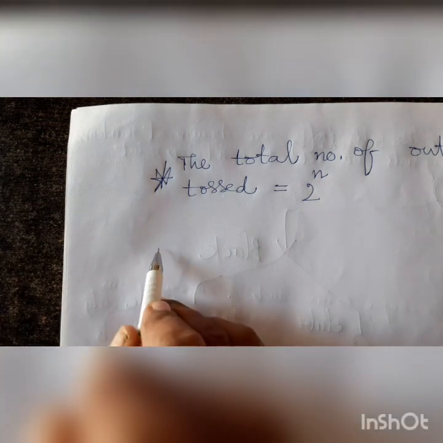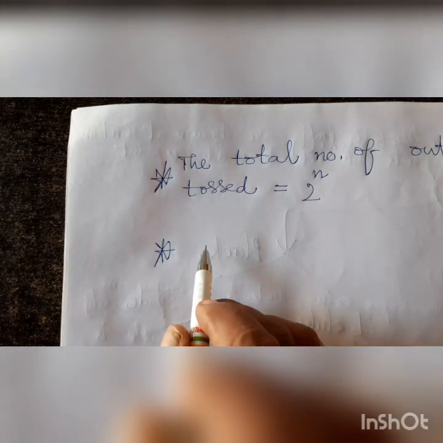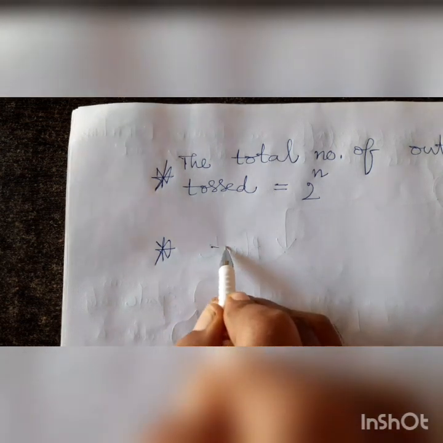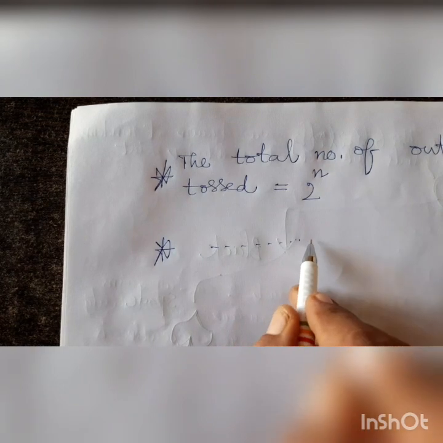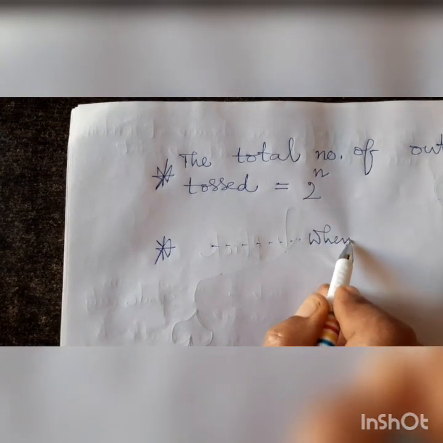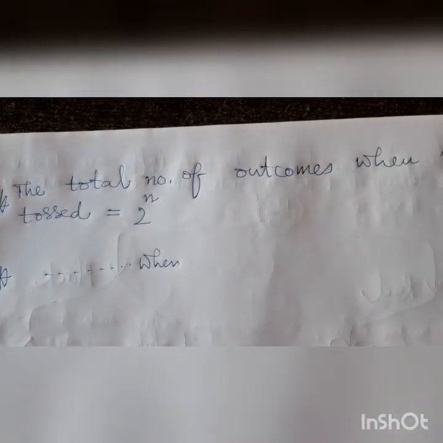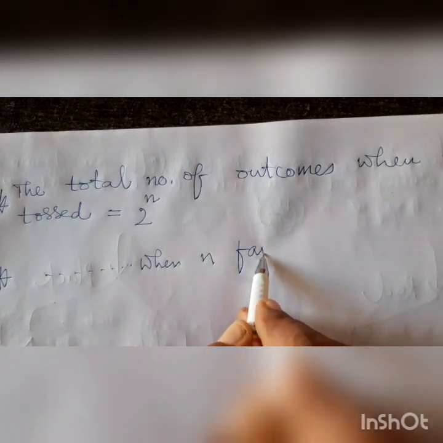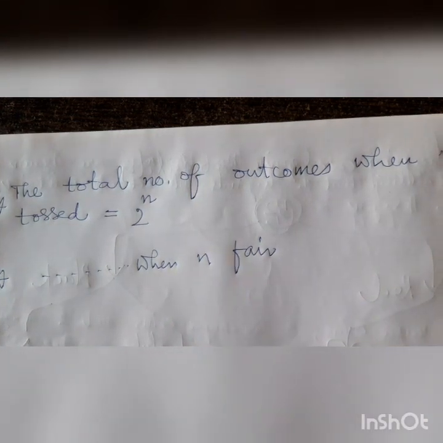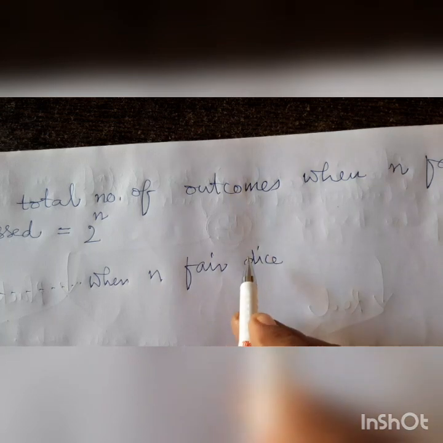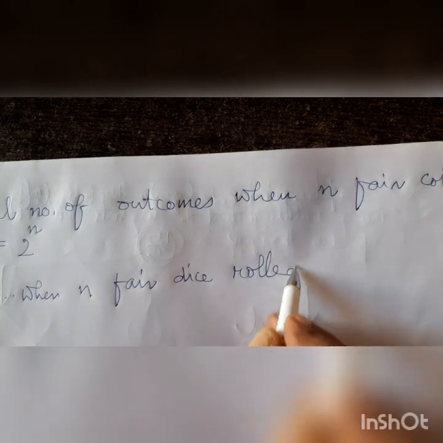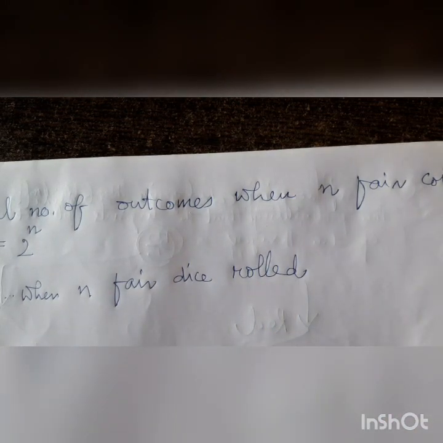Similarly, another important point is, when n fair dice are rolled, the total number of outcomes will be 6 power n.